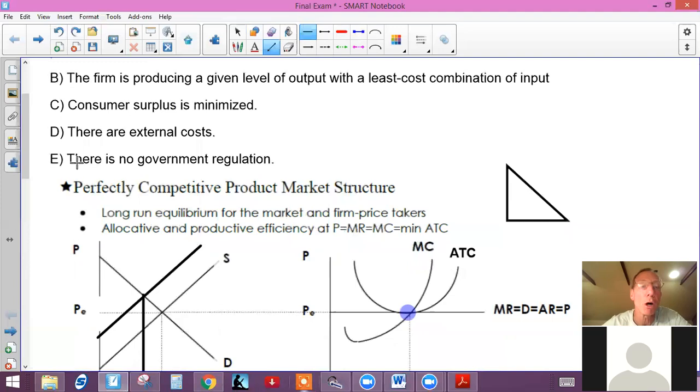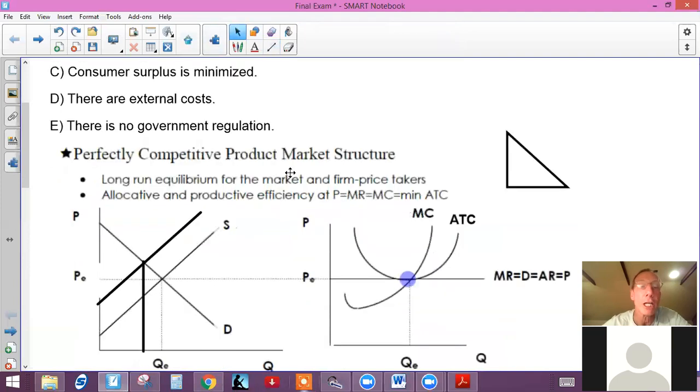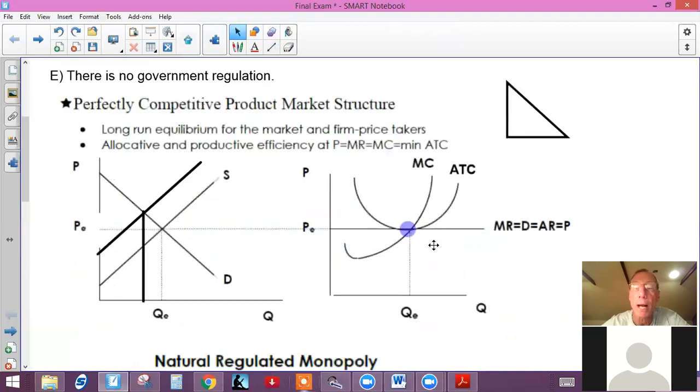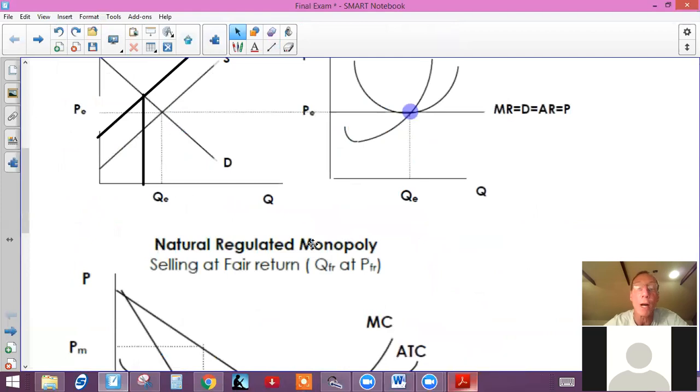Now, the wrong answer right here for E, it's wrong because you can be at this point right here in a perfectly competitive firm without any government intervention. This is just market forces bringing them here in a long run equilibrium. However, in a regulated monopoly, you would have government regulation.